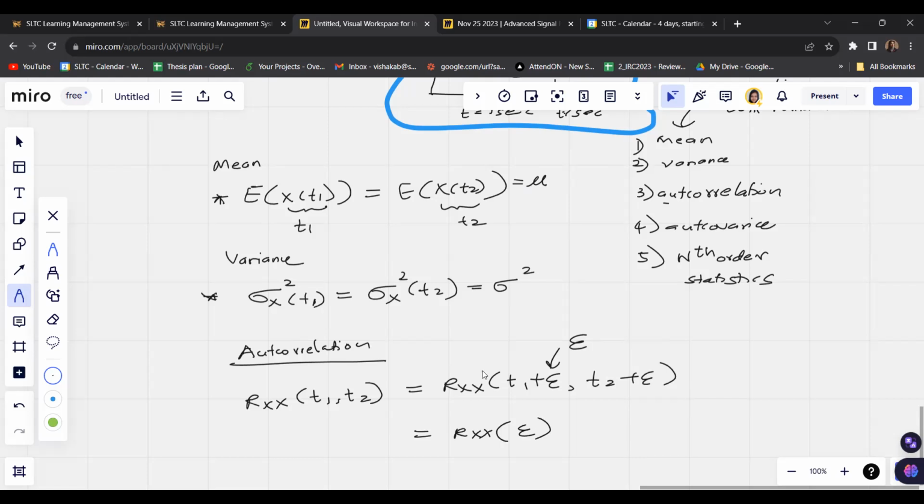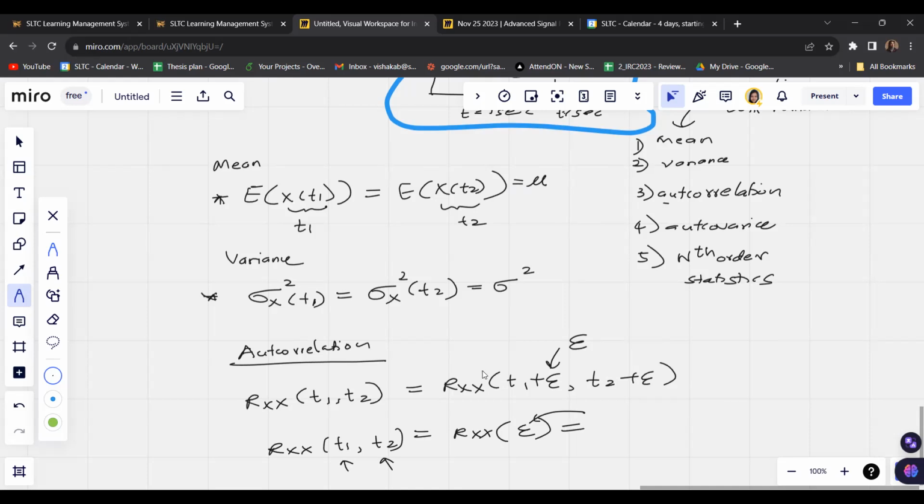The autocorrelation value is the same, but it relies only on this time delay value. Therefore, the autocorrelation value is not dependent on the variable's time value. The specific instances of the time t1, t2 do not affect it, but this epsilon value does.